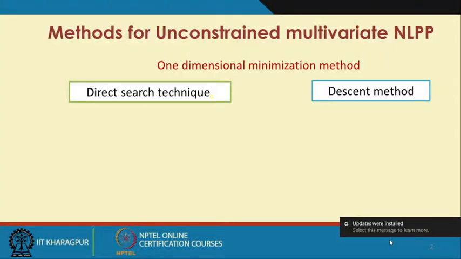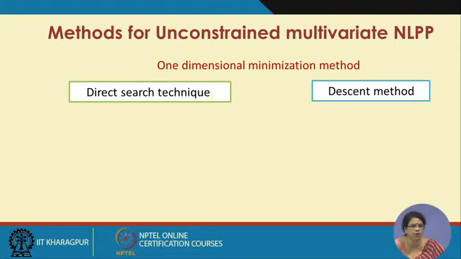Now we need to optimize the function. For solving this kind of unconstrained multivariate nonlinear programming problem, there are several multidimensional minimization methods available. Whenever we consider a nonlinear function, it may be continuous or discontinuous in the domain of definition.